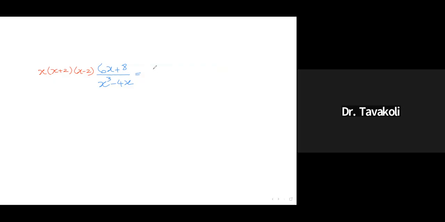So x times x plus 2 times x minus 2 is multiplied by the first term, a over x, plus the same product, x times x plus 2 times x minus 2, is multiplied by b over x plus 2, and then plus the same product, x times x plus 2 times x minus 2, is multiplied by c over x minus 2.